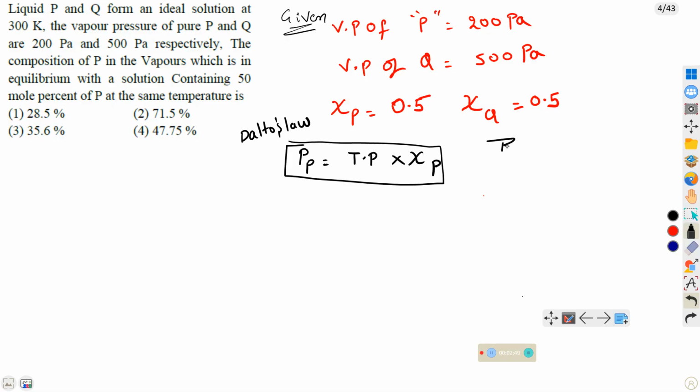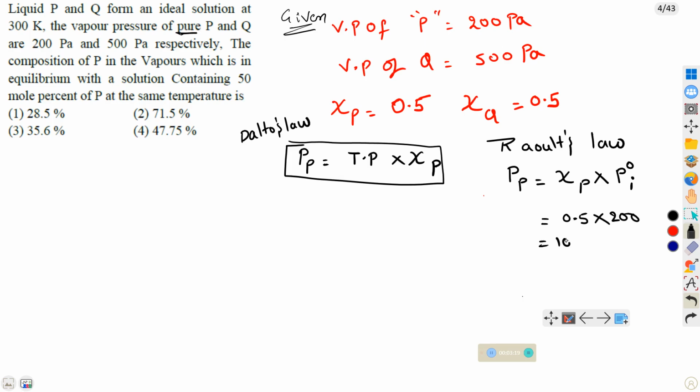Now, according to Raoult's law, partial pressure of P is equal to mole fraction of P into P naught P. This is pure, that's the reason you can take P naught. Mole fraction is 0.5 into 200, that is equal to 100.